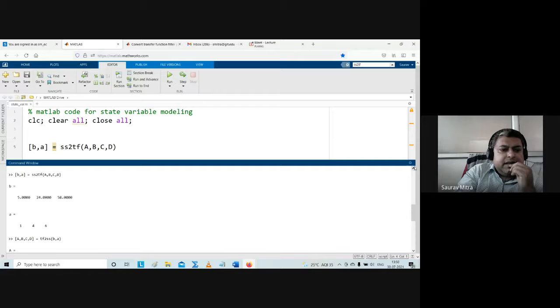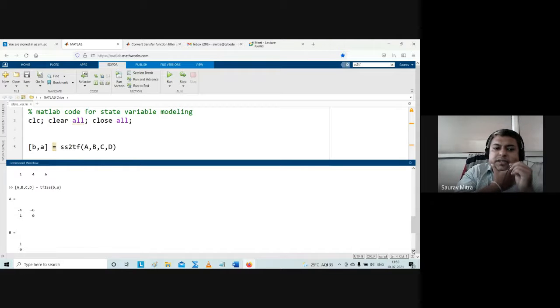Okay, so you can check here. Whatever B and A is given, you have to define like that. B is an array of 5, 24, and 58, and A is another array of 1, 4, and 6. If you write ABCD is equal to TF to SS of B, A, it will give you the A matrix, B matrix, C matrix, and D matrix.